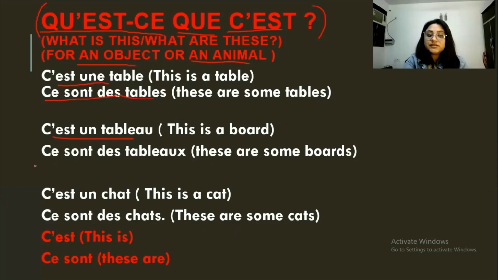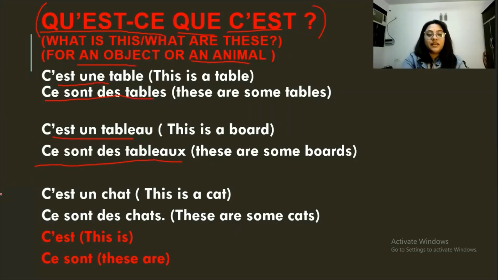If my answer is, ce sont des tableaux, these are some boards, then also my question is going to be, qu'est-ce que c'est?